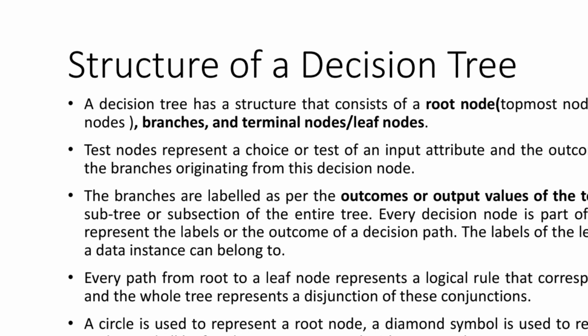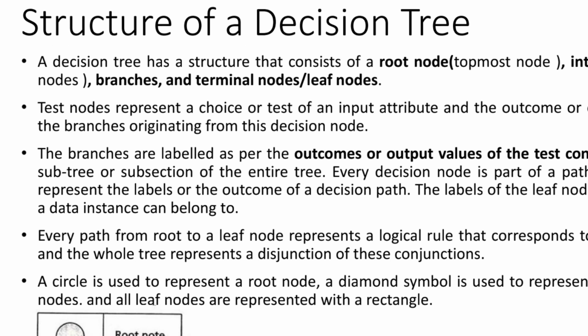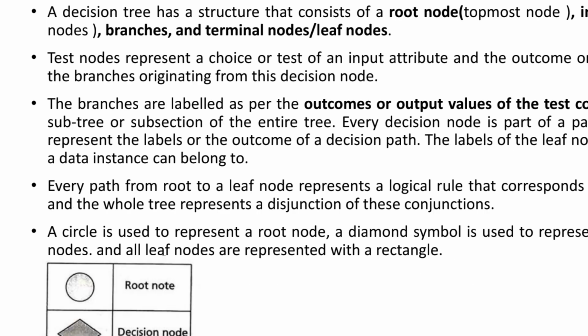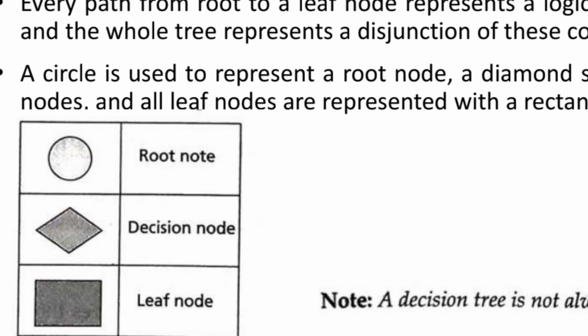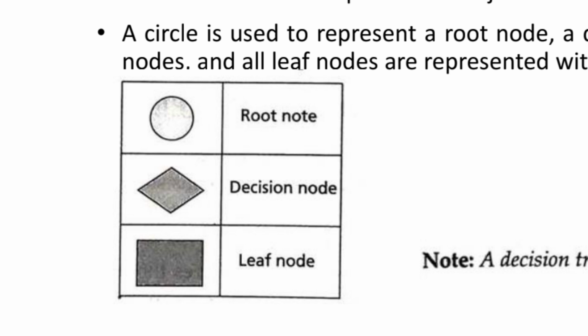Then, based on the truthness, it can be true or it can be false, it can be that case or that can be the other case. We have branches. Like that, the tree grows and ends up at the final external node or terminal node, also called leaf node. A test node represents a choice, a decision node, which looks like our flowchart symbol for decision.